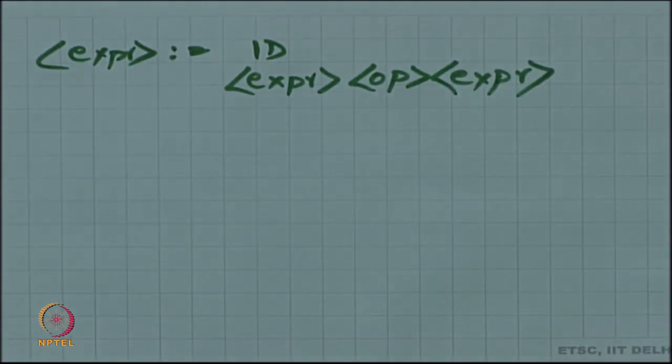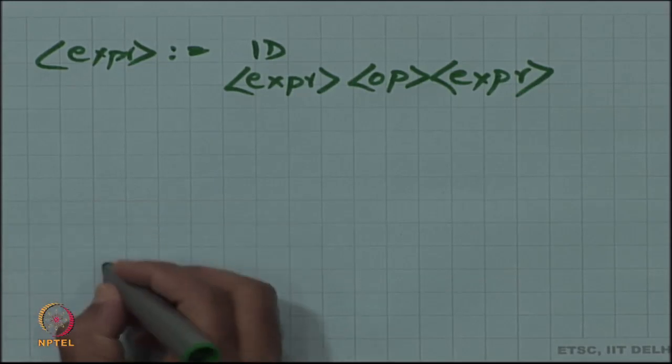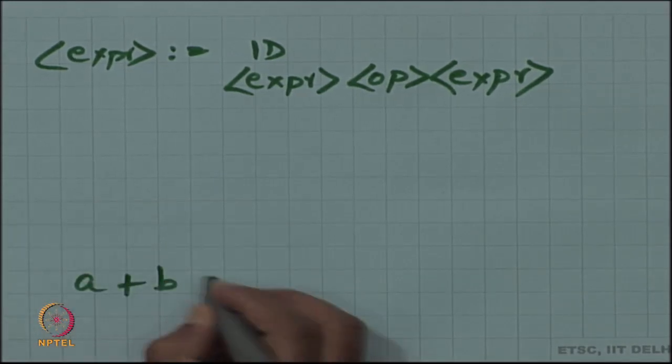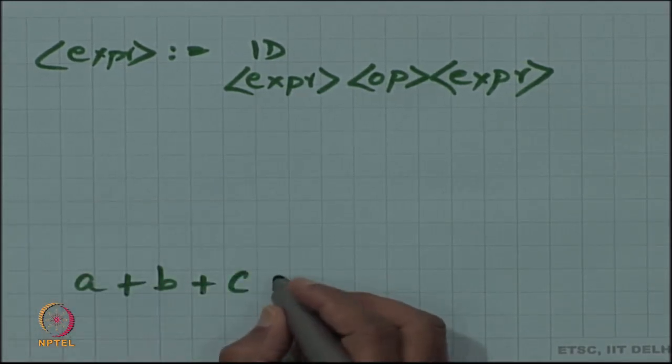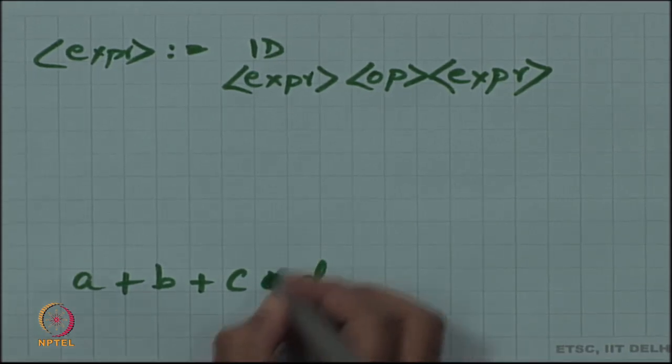Okay. Using just these two rules, let us see if we can reconstruct an expression like this: A plus B plus C plus D, or maybe let me make it minus.